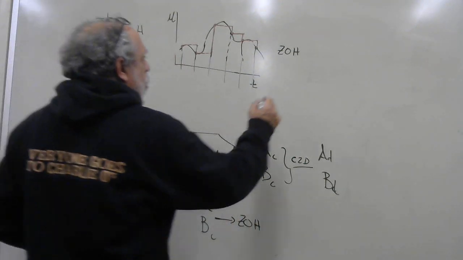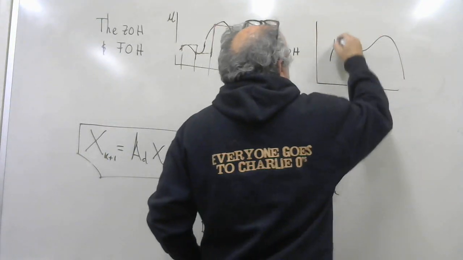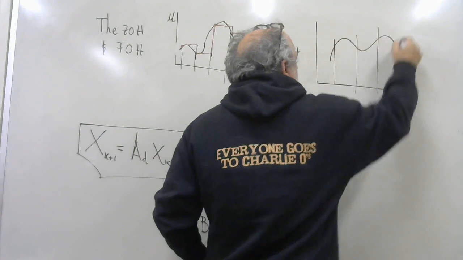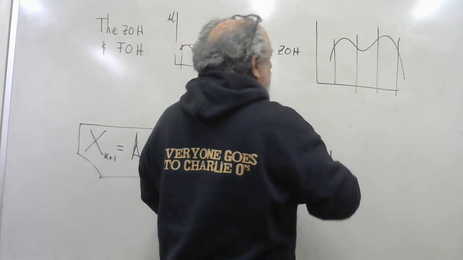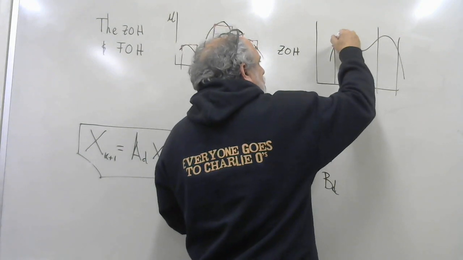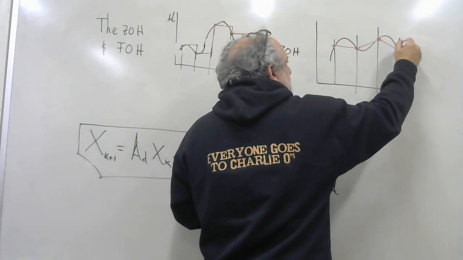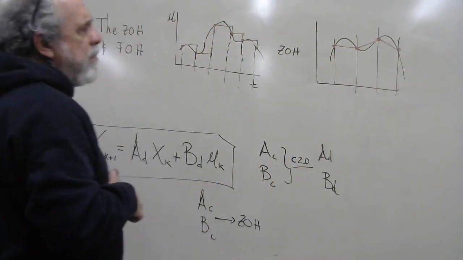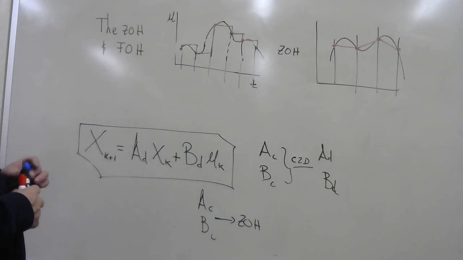The first order hold simply assumes that you go as a straight line from point to point. So if you're here, you'd go like this, like this, like this. Basically you are replacing the input by a set of straight lines that connect the points that you're actually reading.